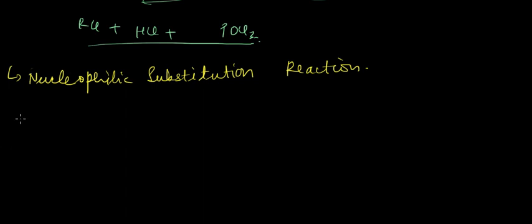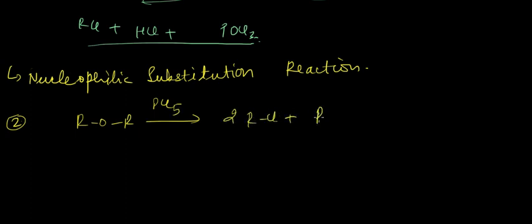The next example is suppose we have ROR and we react with PCl5. So what would the product be? The product would be 2RCl plus obviously POCl3. Yes, that's all.